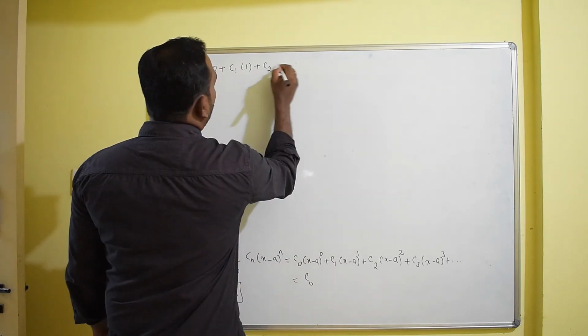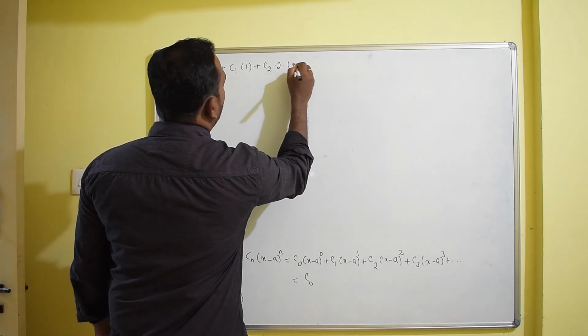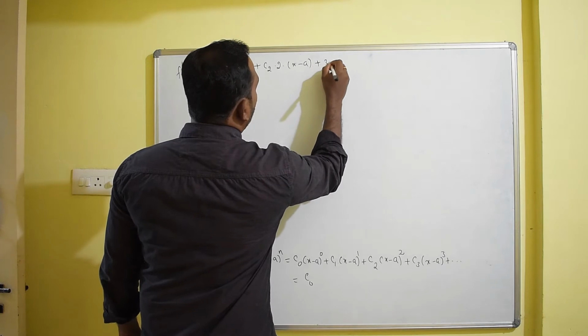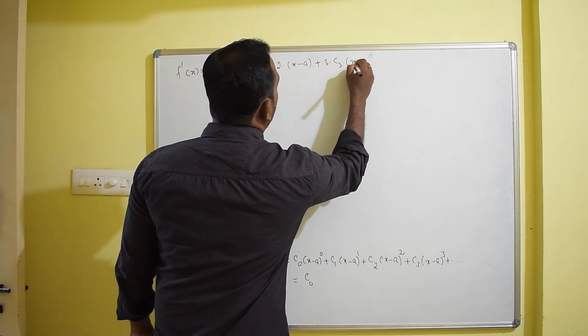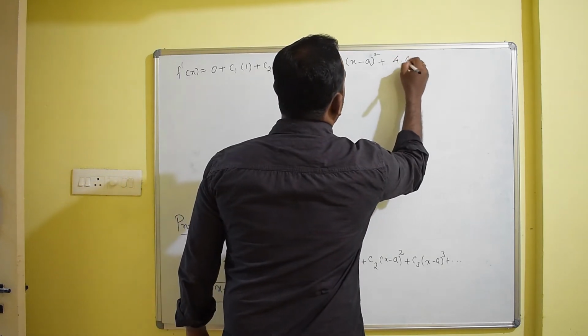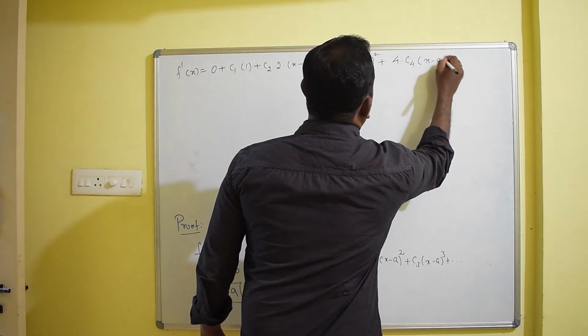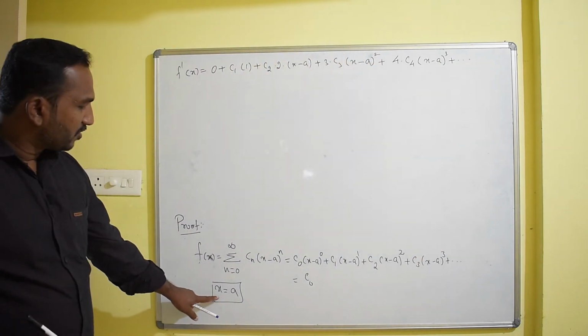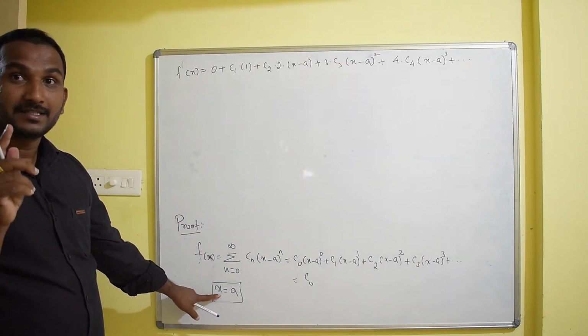So that is 2 times c2 (x minus a), then plus 3 c3 (x minus a) whole square, then 4 c4 (x minus a) whole power 3, and it's going on.